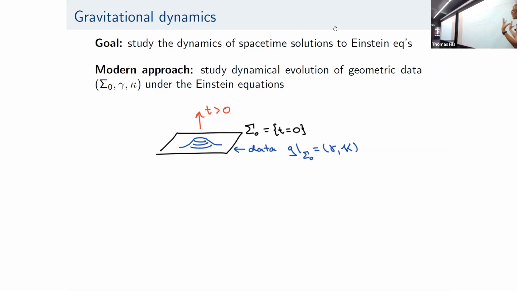Very much what we do in mechanics, let's say. And if I have a known space-time, if I have the Minkowski metric here, I know exactly what the position and the velocity are. Here they'll be trivial. And if I evolve them forward, I have a solution. So I start with Minkowski and I just stay with Minkowski.